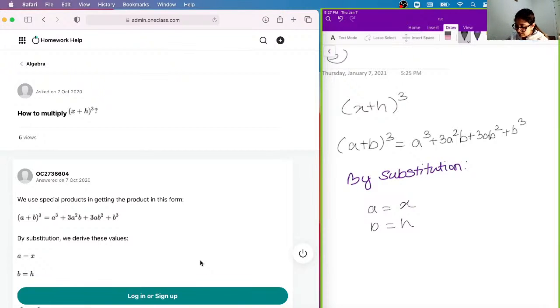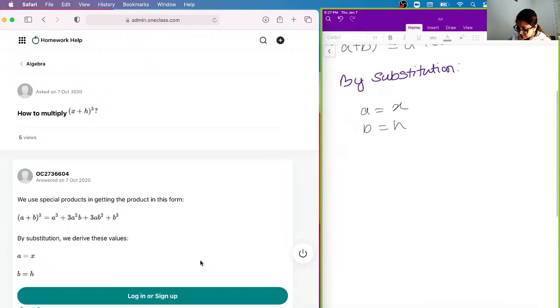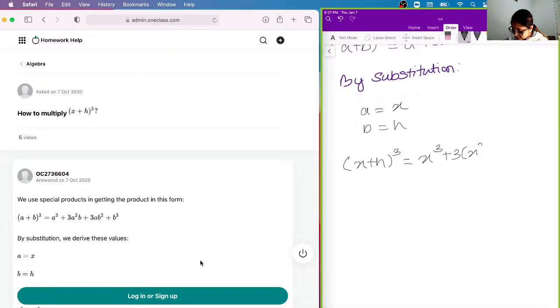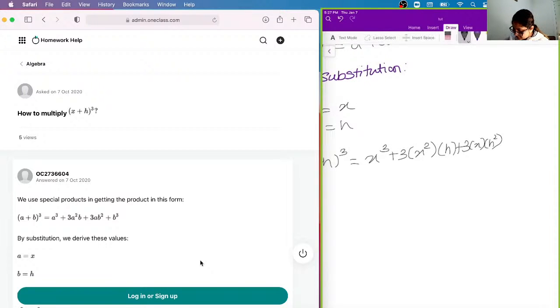Okay, and so plugging this in using that formula, we have x plus h cubed, and we would have x cubed plus 3 times x squared times h plus 3 times x times h squared plus h cubed.